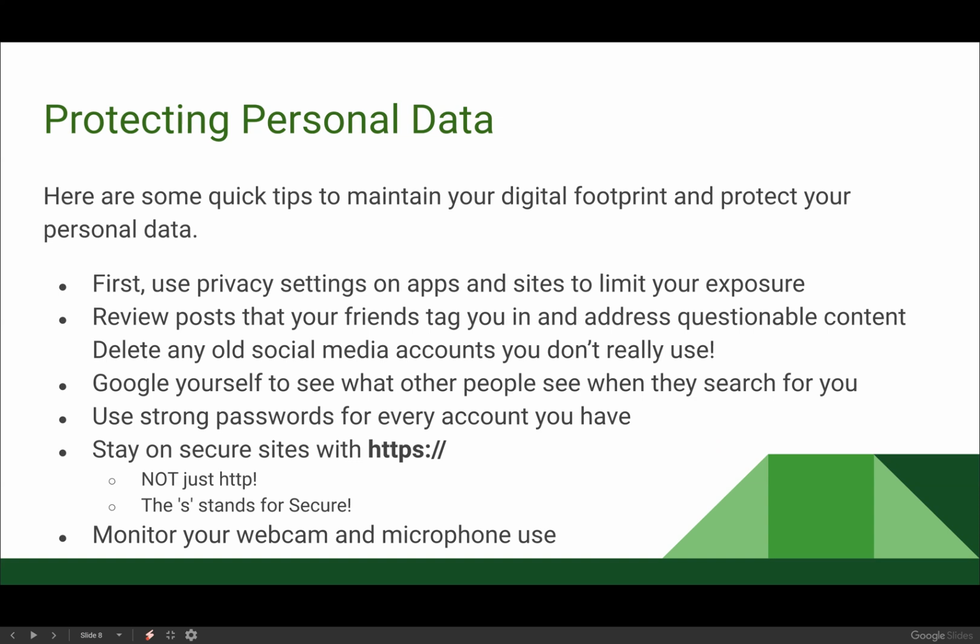Even if one of these sites gets hacked, if your Twitter password and your Instagram password are different, and Twitter gets hacked and your information gets leaked, then the hacker won't be able to use that same knowledge to get into your other accounts. If you have a distinct password for every account, then if one is compromised, the others won't also be compromised.